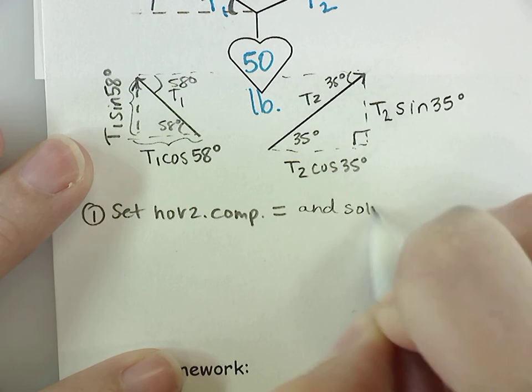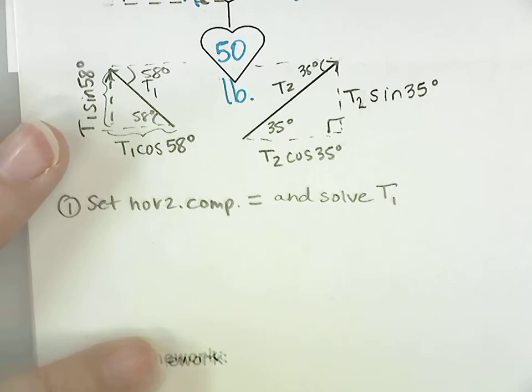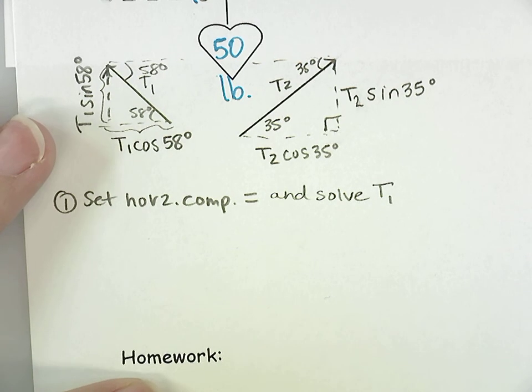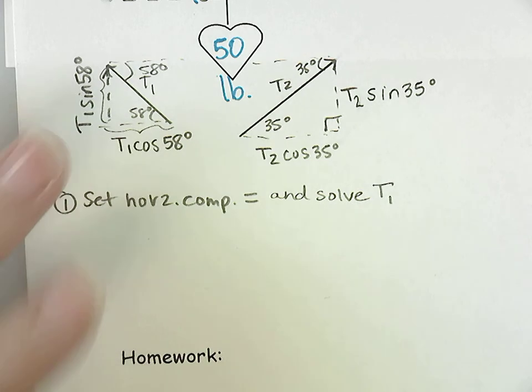Now you don't have to solve them for t sub 1, but in my experience, students like to be told what to do sometimes. If you have a method, like you can always solve for t sub 1, they like that. But technically you could solve for t sub 2 as well.